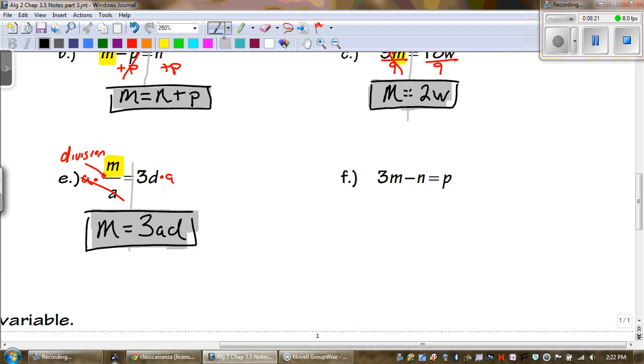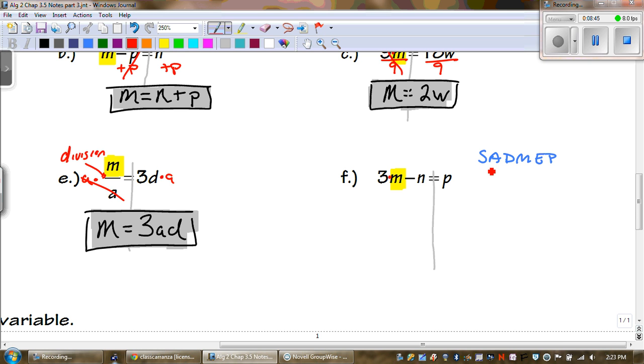All right, F. We need to pay attention because of multiple steps. Okay, we're trying to solve for m, and we have multiplication and subtraction.